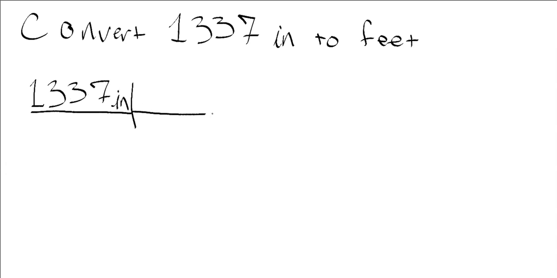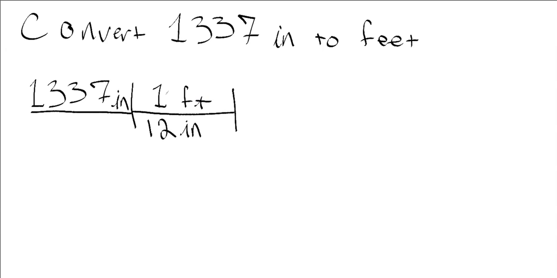And we know there are 12 inches in 1 foot. So because we're trying to get into feet, the 1 foot will go on the top part of the conversion factor, and 12 inches will go on the bottom.